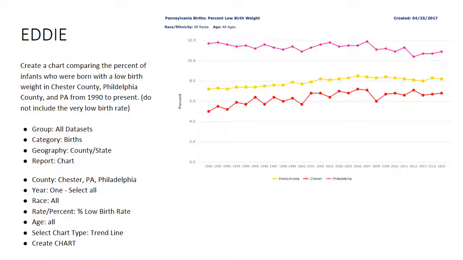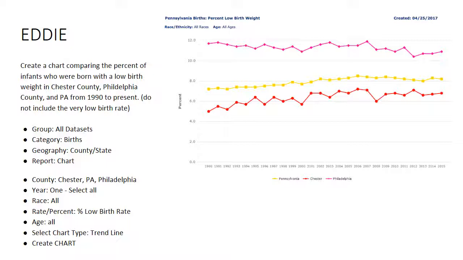And there is a table that gives you exact percents if you check that off as well, but I didn't include that on the slide. For Pennsylvania overall, the rate has increased from 1990 to present. So in 1990, the average was about 7, and now in 2015, the average is just a little bit above 8% of births.